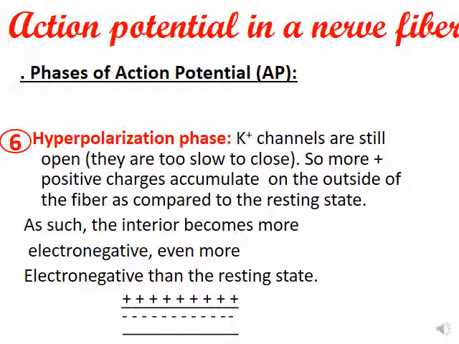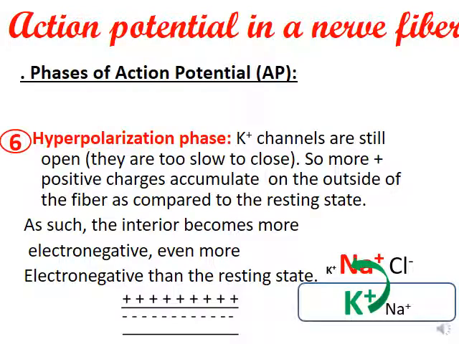The K+ channels are still open, so they are too slow to close. So more positive charges will accumulate on the outside of the fiber as compared to the resting state. So the interior becomes even more electronegative than the resting state, which is minus 70 millivolts.